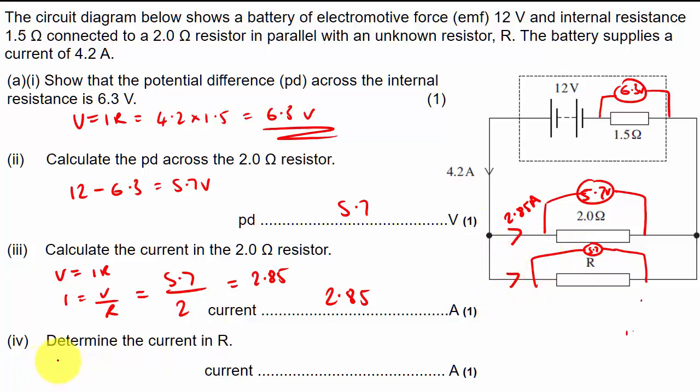So 4.2 minus 2.85 gives a current of 1.35 amps. Again, the units are given to us, so I don't need to worry about it. I will add 1.35 amps to my diagram, so I'm keeping my diagram up to date throughout.